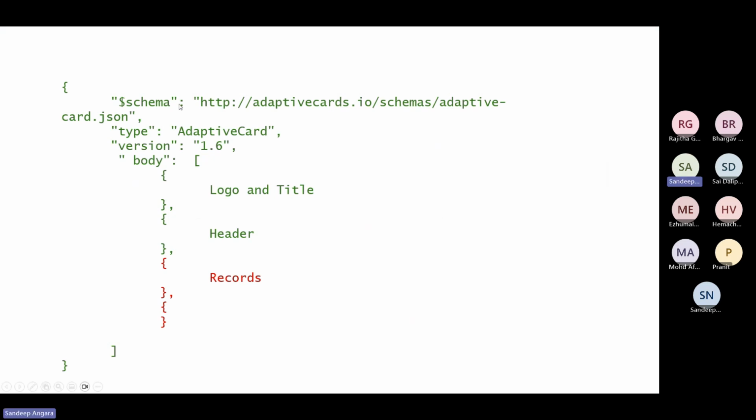Here is the payload. In our card we had some JSON payload at the bottom. The portion marked green is where we have our logo, title and header. But the portion of the payload in the adaptive card marked red is the records, the portion generated when we added our dynamic records.